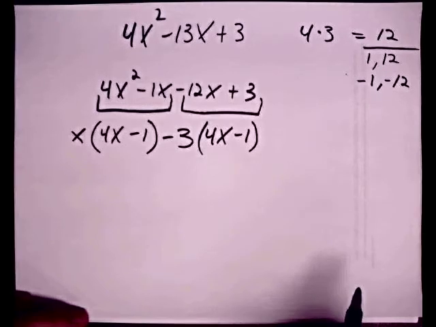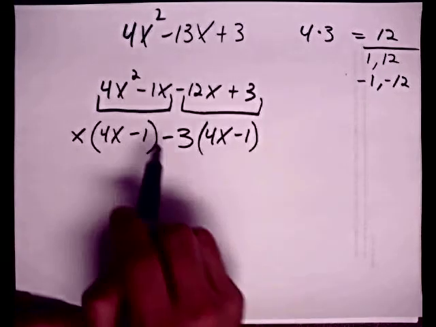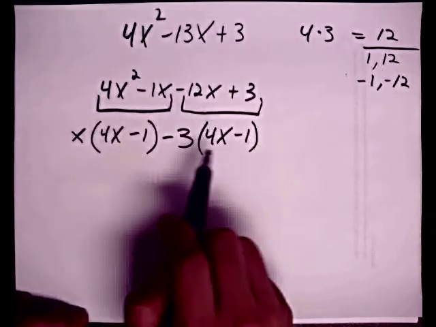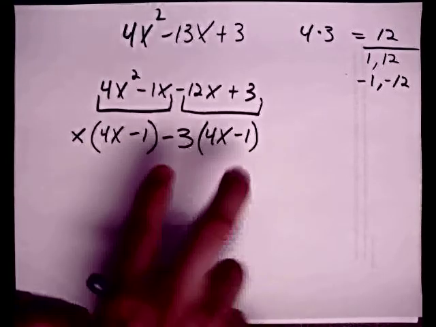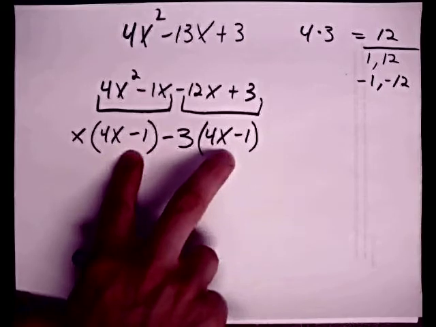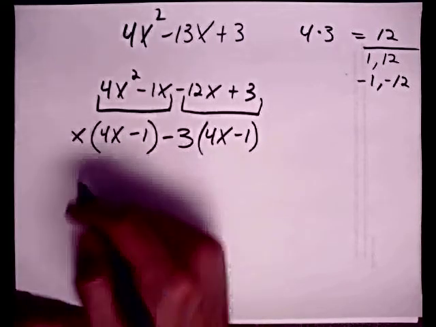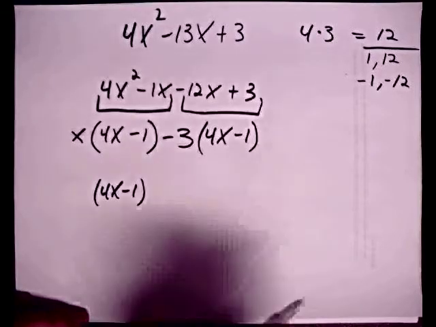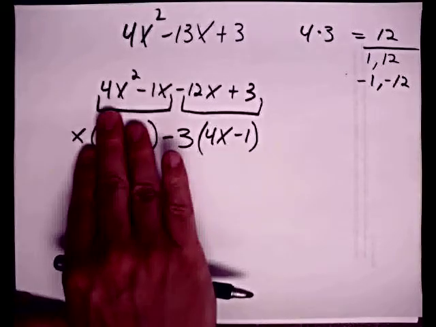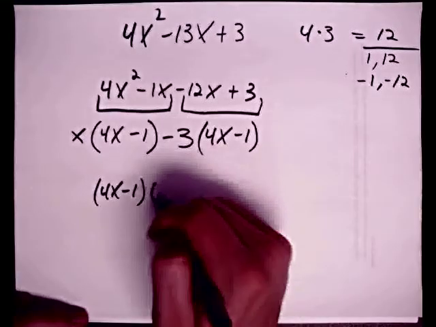The whole key to factoring by grouping is at this point you should now have 2 identical parentheses. So to finish factoring by grouping, you want to take these 2 identical parentheses, factor them out to the front. If you factor 4x minus 1 away from here, you're left with x.